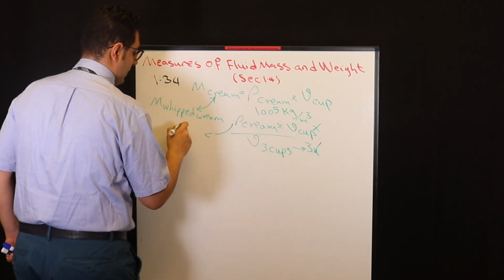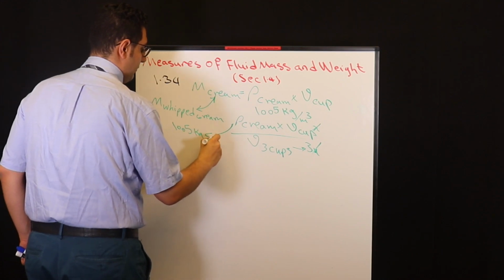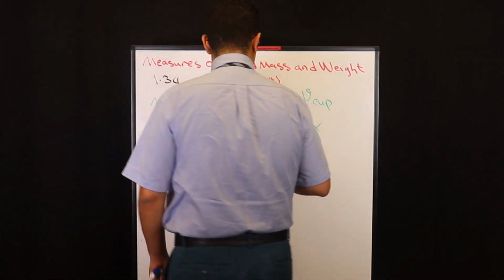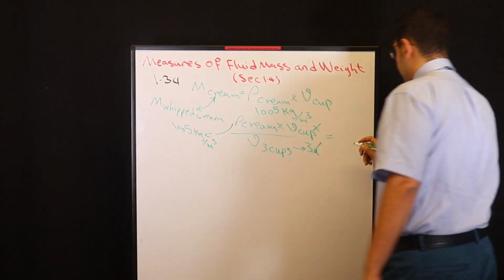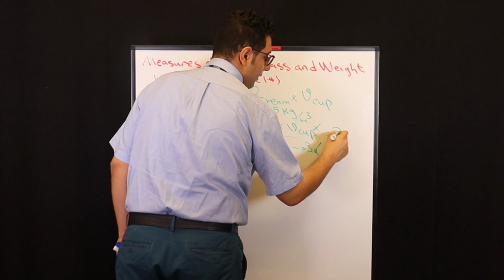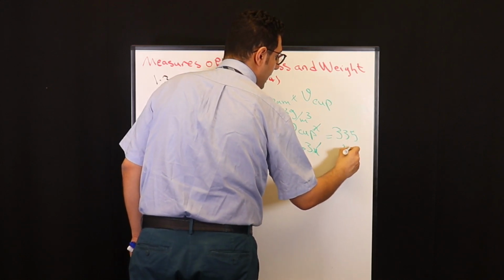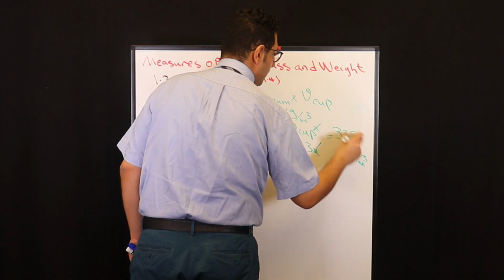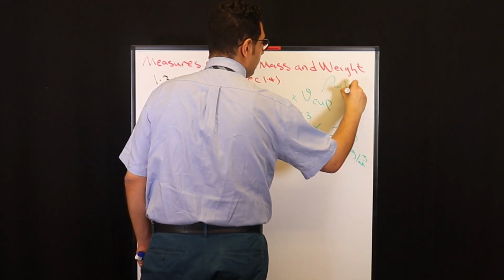So we are gonna have 335 kilogram per cubic meter for density of whipped cream.